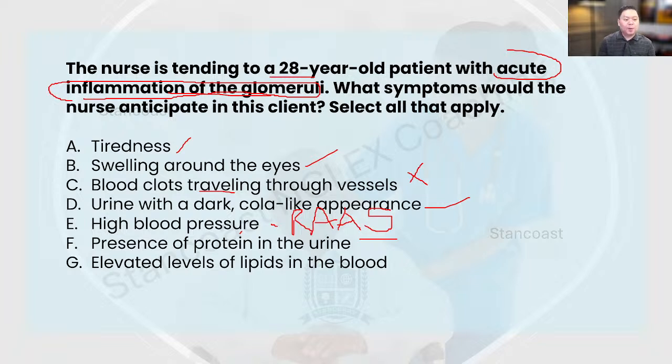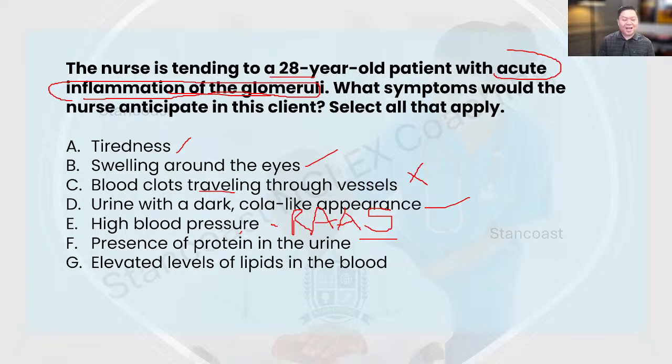Okay? Now, we're going to talk about letter G, elevated levels of lipids in the blood, hyperlipidemia. Is it part of the nephrotic syndrome or is it with acute glomerulonephritis? Well, we did not talk about hyperlipidemia and acute glomerulonephritis. We only talked about this today as a complication, right?